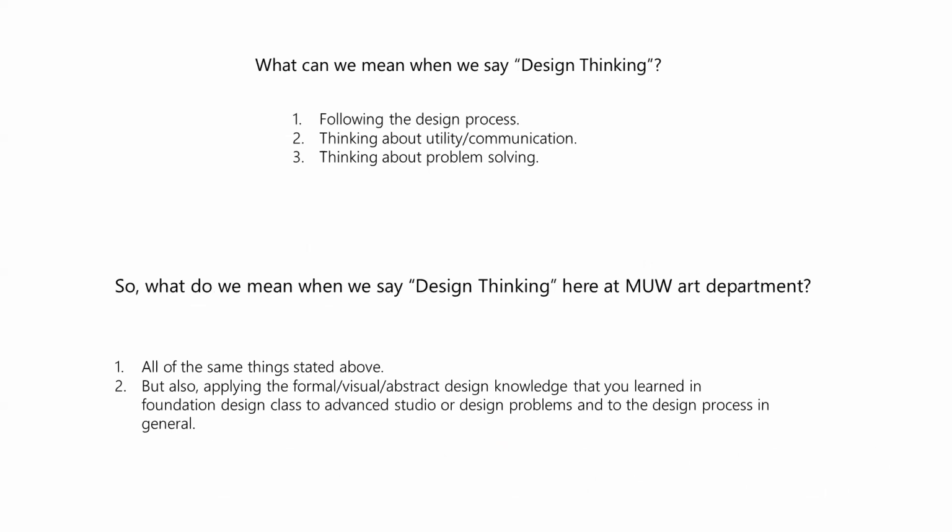Okay. So first off, let's start with, what do we mean when we say design thinking, or what do other people mean when they say design thinking? Some of the definitions could be knowing and following the design process, going like, okay, first I do research. After that, I start doing mind mapping, brainstorming, writing down ideas.